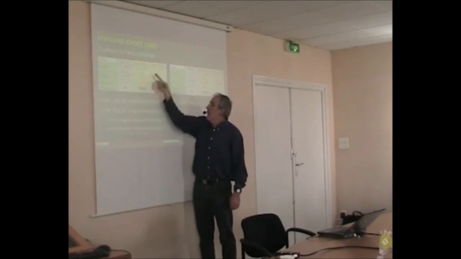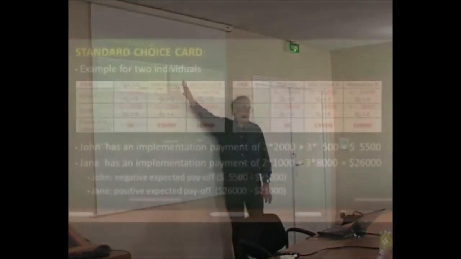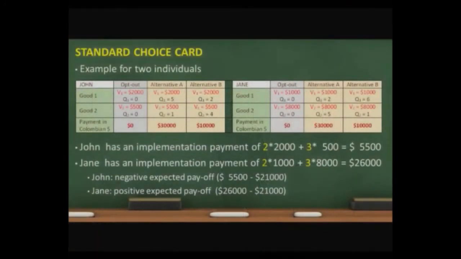So we look at the combinations, and we would say one thing. But what we have to look at is not these combinations. What we have to look at is when I say at 2 and 3, which is the implementation, my value is 2,000 and 500. Therefore, I will get 5,500 in value.